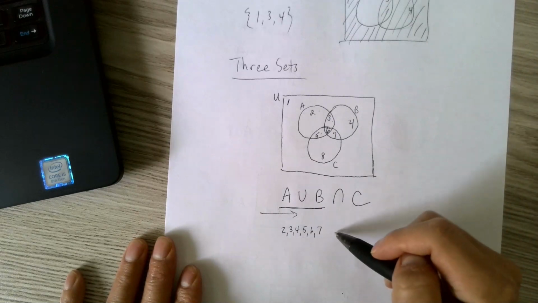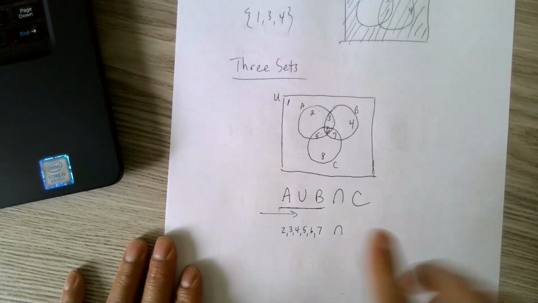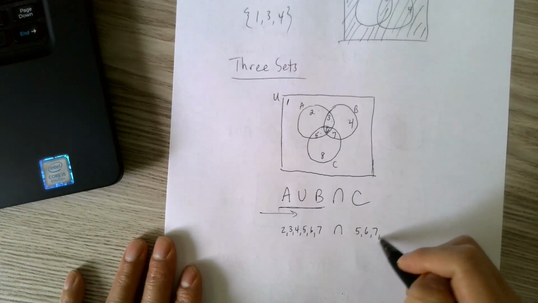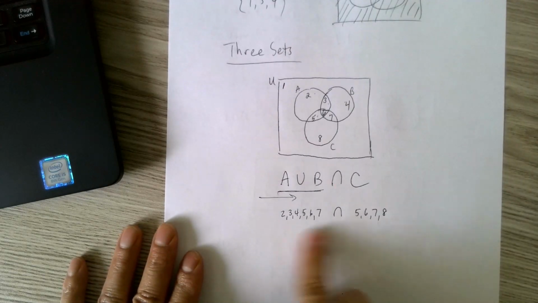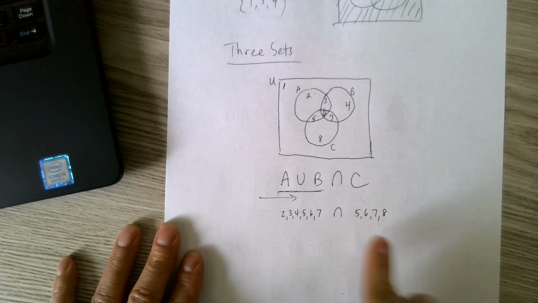Okay, now I will intersect what I just found with everything in C. C is 5, 6, 7, 8. And then I just look for what they have in common, which is 5, 6, 7.